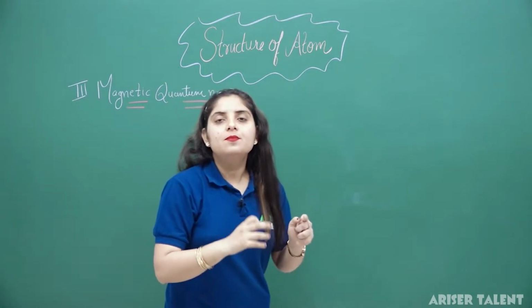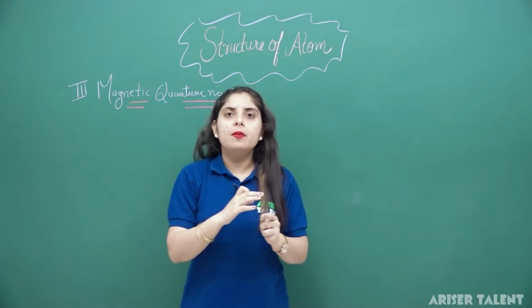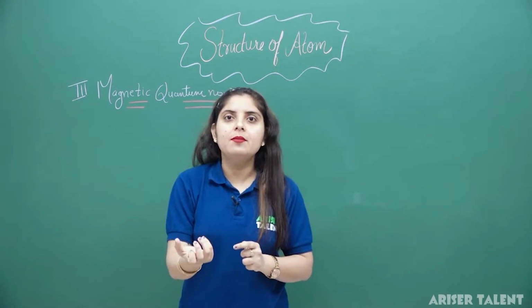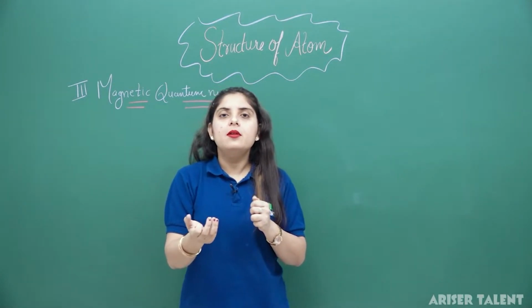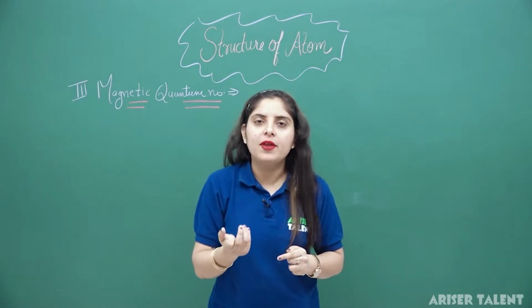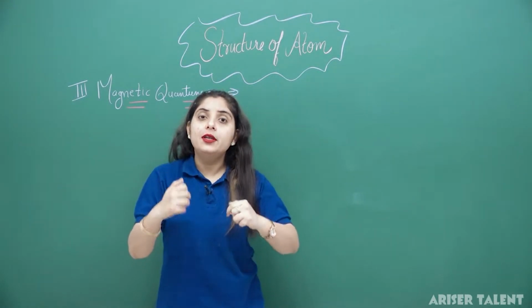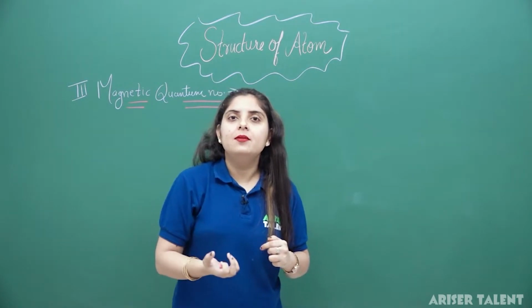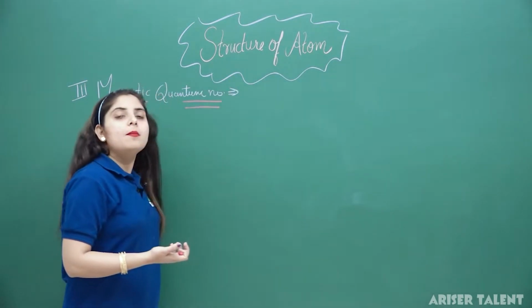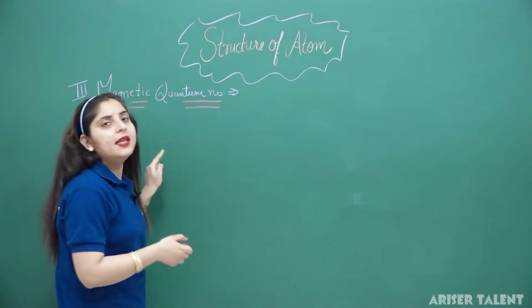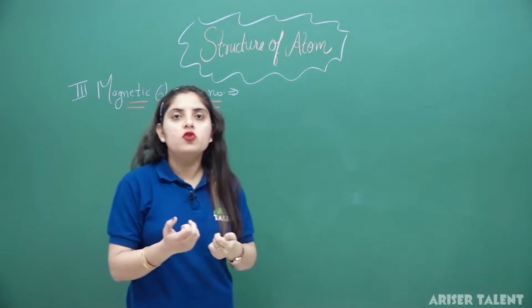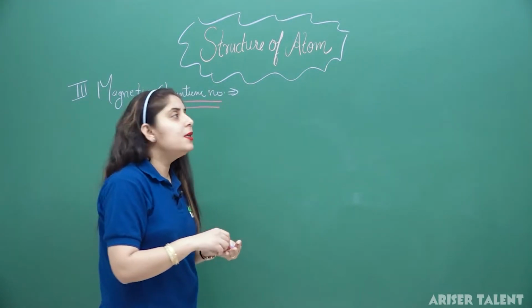We have discussed that the principal quantum number will tell us about the shell of an atom. Azimuthal quantum number will tell us about the subshell of an atom. Now, if we want to determine the orbital of an atom, then we will go through the magnetic quantum number. The magnetic quantum number has been proposed by a scientist named Zeeman.